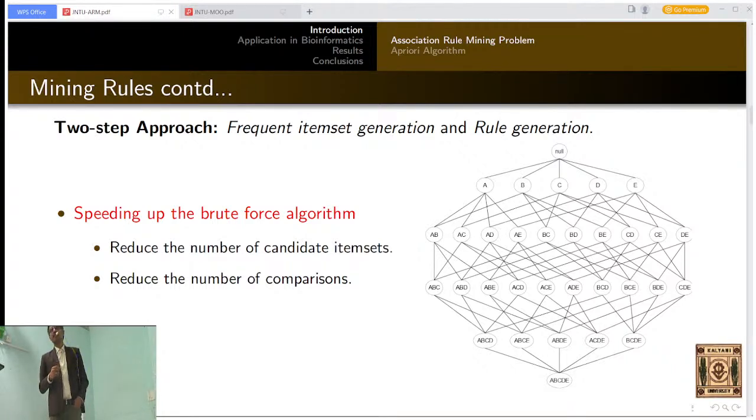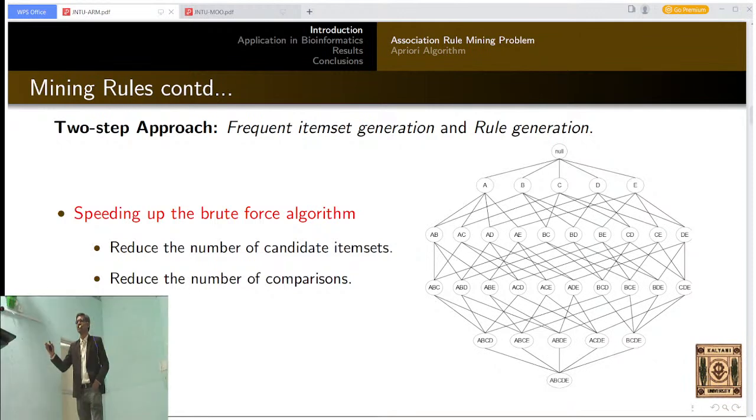The question is, can we discard some item sets even without computing their support? Even without computing the support of some item set, can we tell that it will be infrequent? That is the question. And Agarwal, in his 1993 paper, gave a very unique observation on this lattice structure.